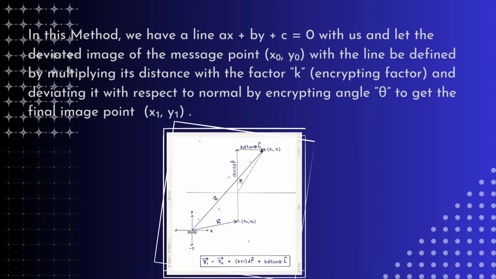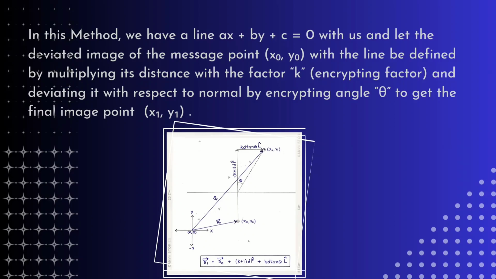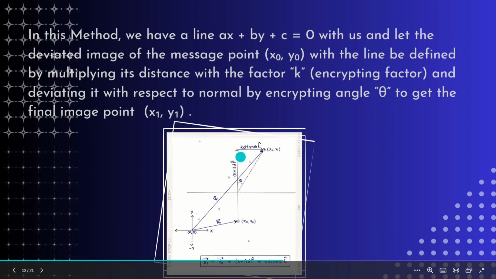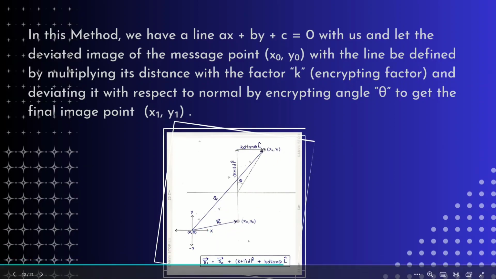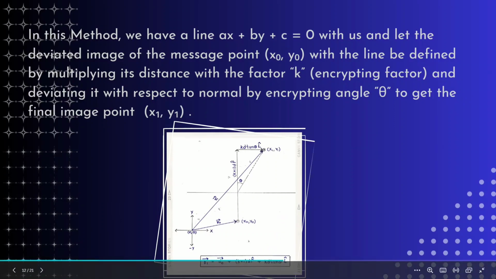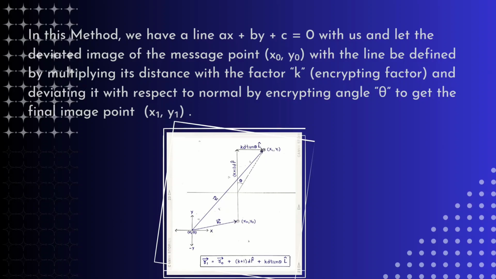And then we have the l cap, which would be along the line. Then we applied this geometry and said that the r1 vector is nothing but the r0 vector plus (k plus 1) d times the p vector, and by using geometry, plus kd times tan theta times the l cap, right?